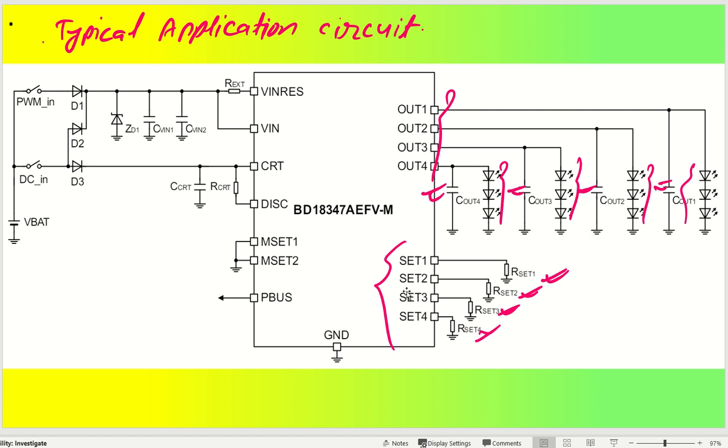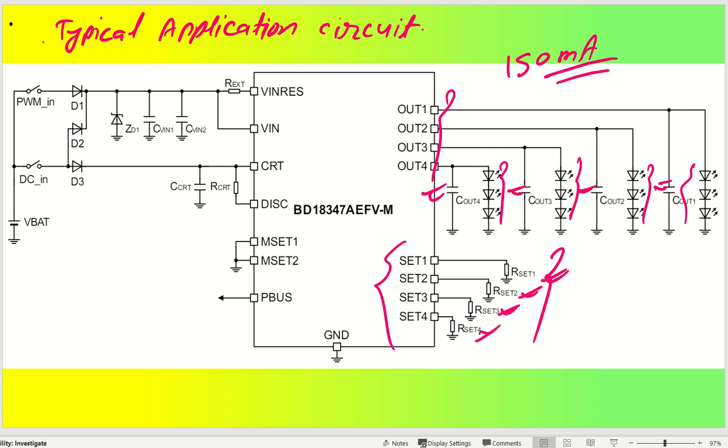This is going to set the output current of each channel. If you want equal current in each of the channels, you can put the same values of resistors in each channel. Otherwise you can set different currents as well, but make sure the output current that is set is up to 150 milliamperes maximum. It should not be more than that. I'll give you the design process, like what should be the value for what current.